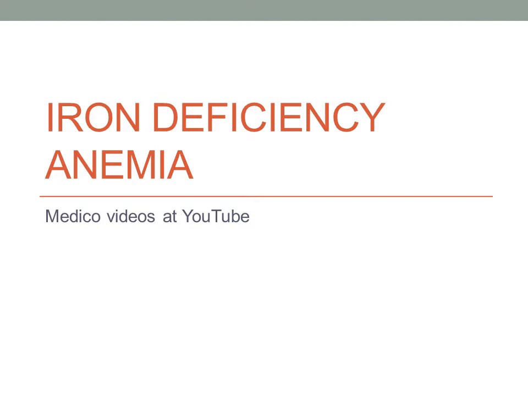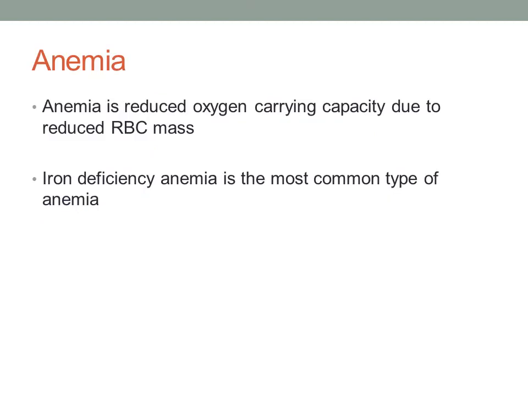Today I'm going to talk about iron deficiency anemia. Starting with the definition of anemia, I'm sure most of you know that anemia is decreased oxygen carrying capacity due to reduced red blood cell mass, and there are different types of anemia, but the most common one is iron deficiency anemia.